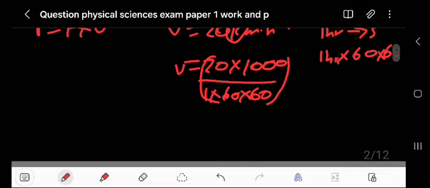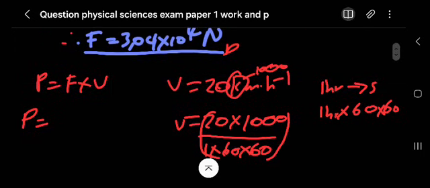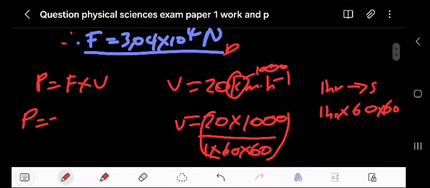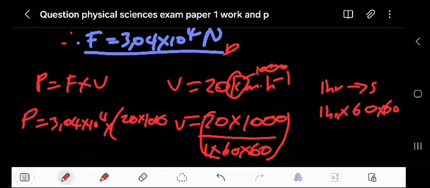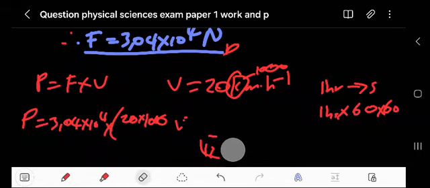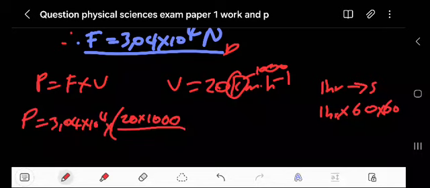So power is the force that you've calculated multiplied by the velocity, 20 times 1,000 over 60 multiplied by 60.